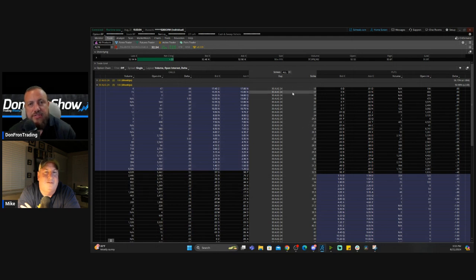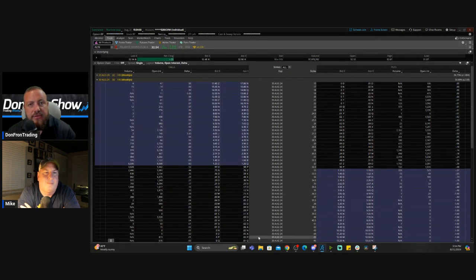Let's say Palantir shoots down to 25. Then all of a sudden that 35 strike, for $21, is actually now going to be worth $0. There's options calculators if you don't know anything about options, but they're also a waste of time, going into the options calculator and typing in the strike price and seeing where it's going to go.